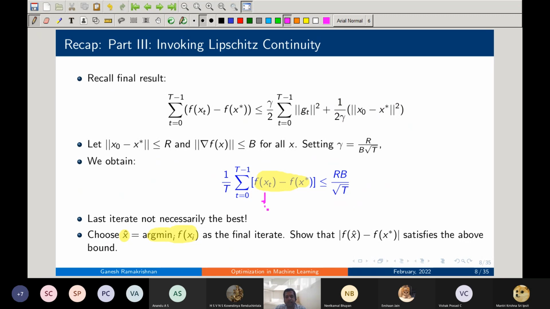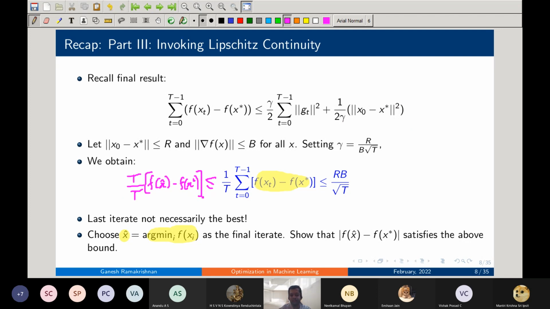If you bring in f of x hat everywhere here, then you'll basically get a summation over the same term. So this right hand side is greater than or equal to T upon T of f of x hat, summing this up T times, minus f of x star.